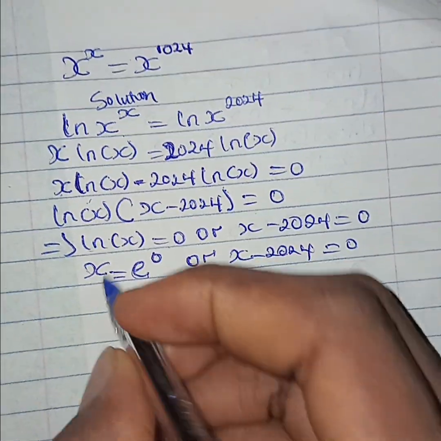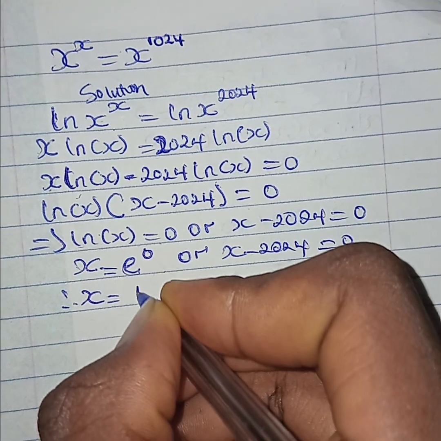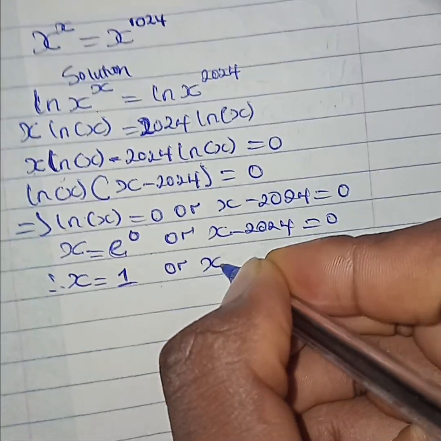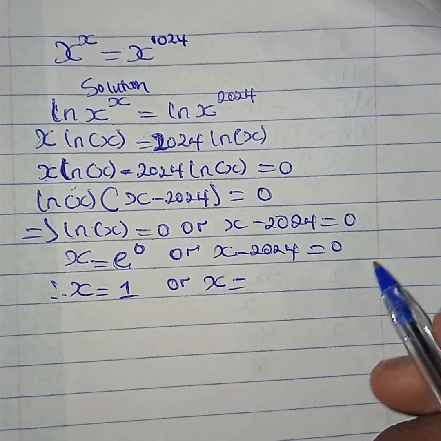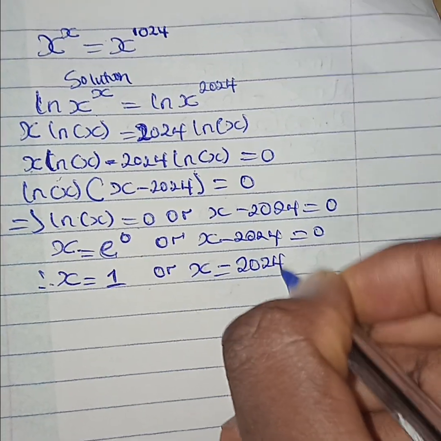Now e to the power of 0 is 1, so therefore x is equal to 1, or x is going to be equal to, when this one crosses this side, it becomes positive, so x is equal to 2024.